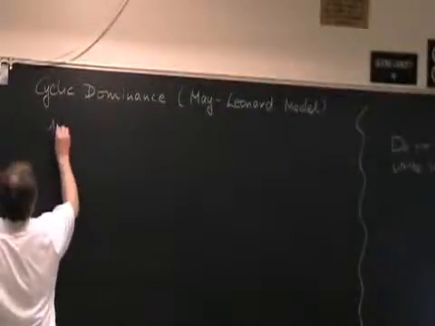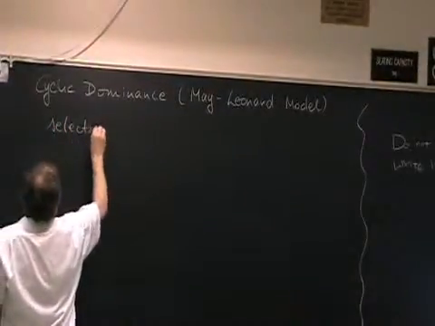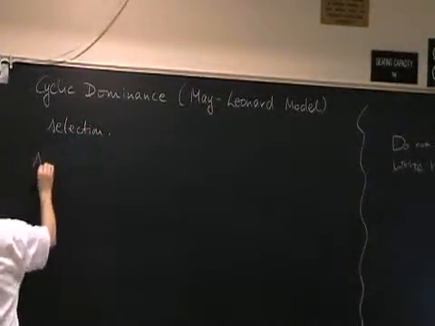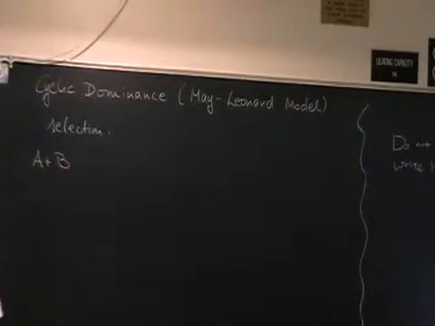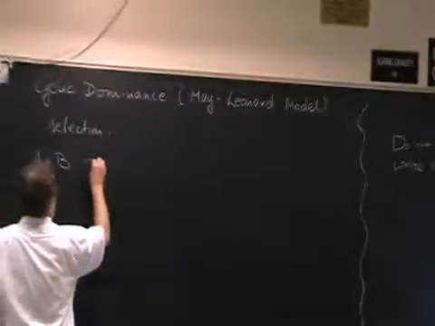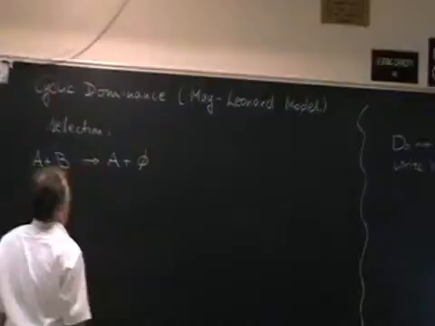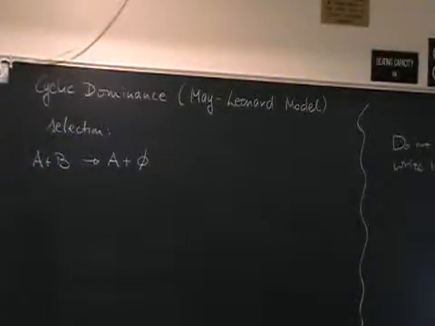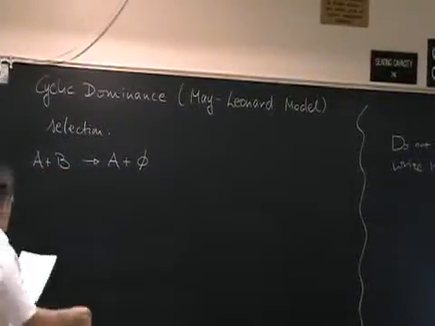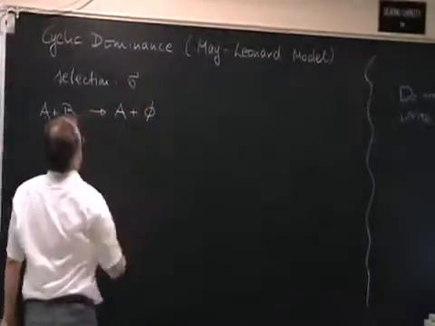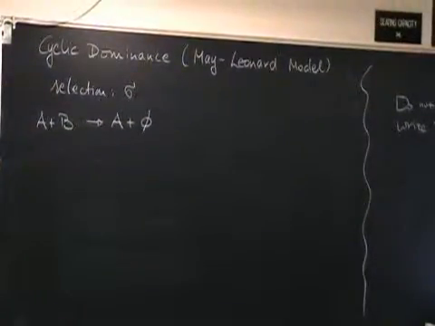It has one selection step, and the selection step is that if A meets an individual B, it's not immediately replacing the individual B, but at first it is simply killing the individual B and generating an empty site. And that I want to happen with a selection rate sigma.